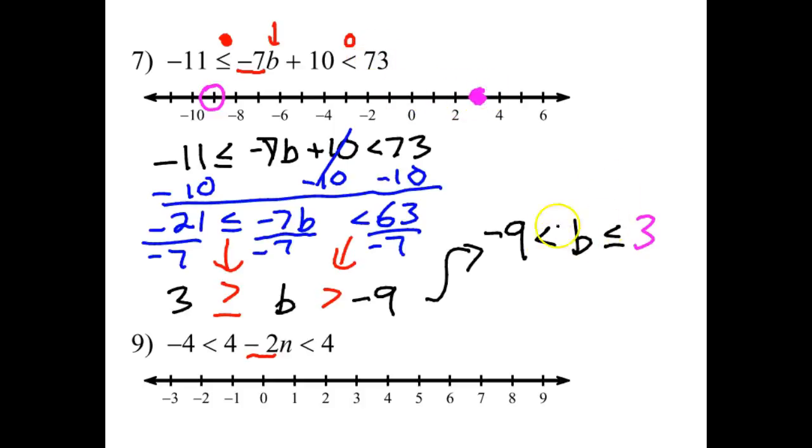That's just going off if it has an equal to, it's closed. And then the answer is everything between -9 and 3. Other than that, where you have to divide by a negative, it's really about open, closed circles and nothing more.